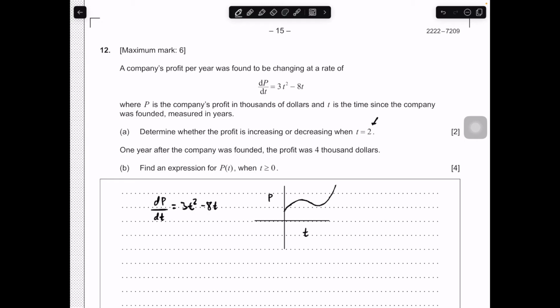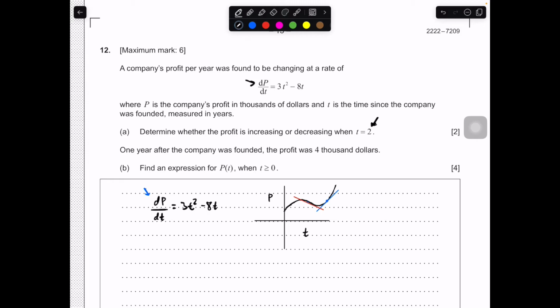But if we want to find the slope at a given point, which is what our derivative does, it gives us the change in profit per time. That would allow us to find out whether our profit was increasing or decreasing at a given time. So what is the case when t is equal to 2?